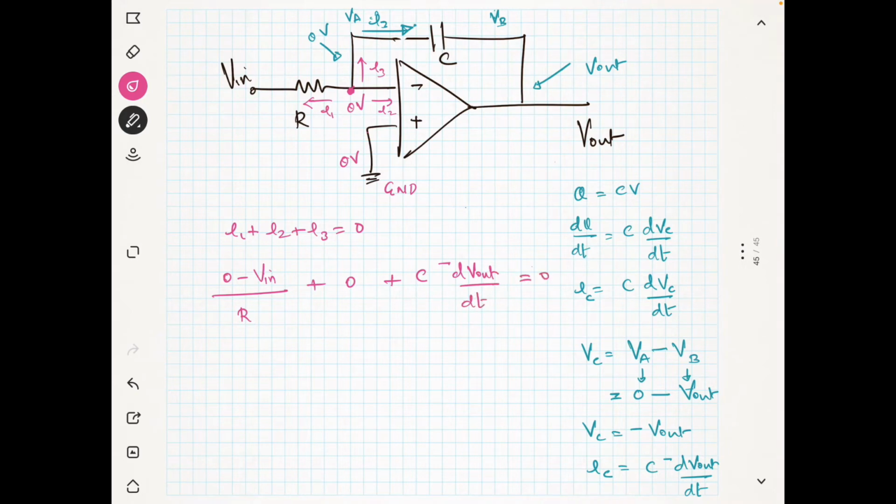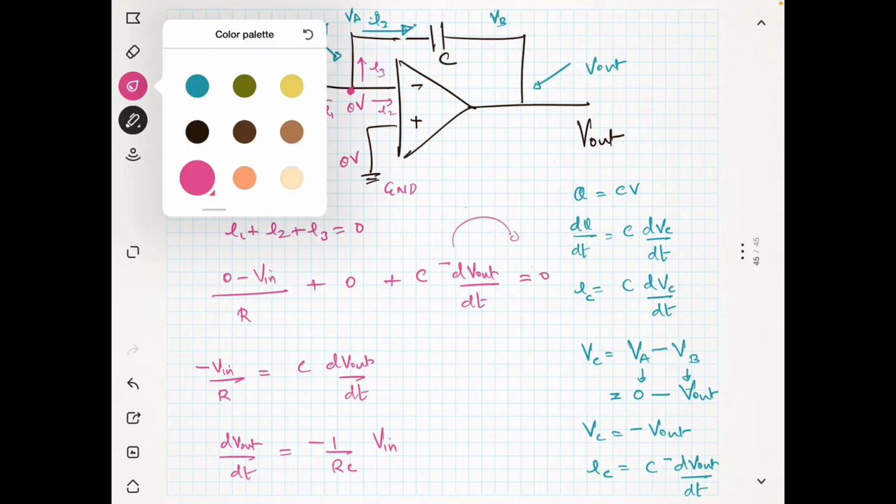So what I am getting here now is minus V in by R is equal to C into dV out by dt, right? I can take this to the right side. Now I will get dV out by dt is equal to minus 1 by RC into V in.